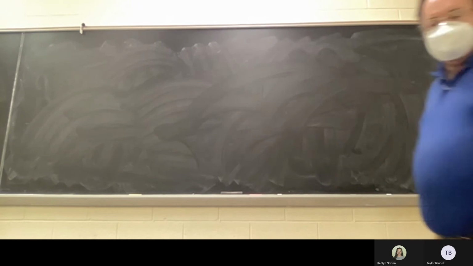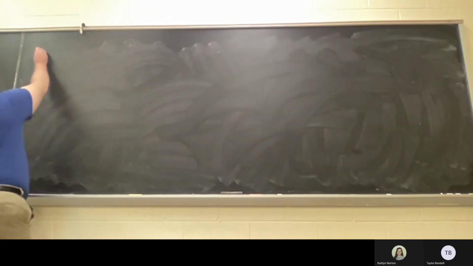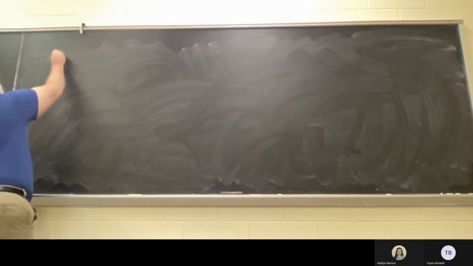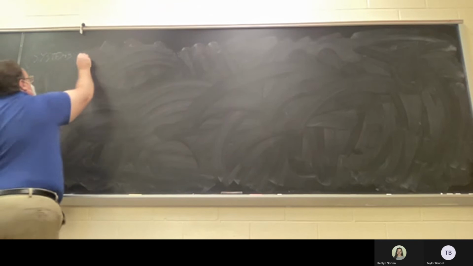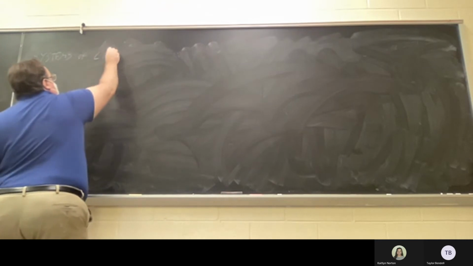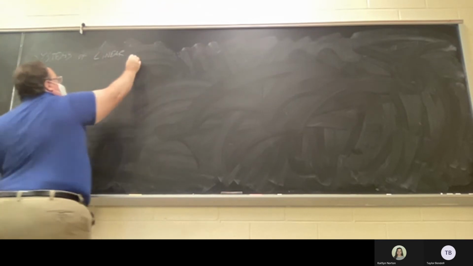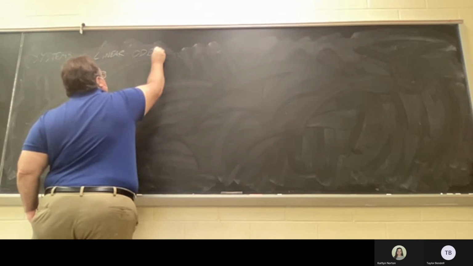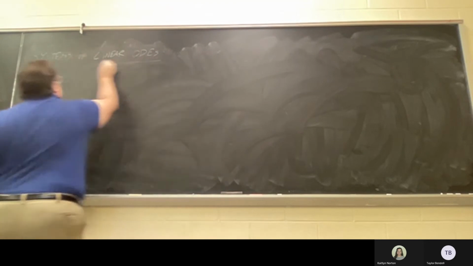Okay, now, really all I want to accomplish today is finish off what I had last time. So just a quick recap of where we're at. Systems of linear ODEs.